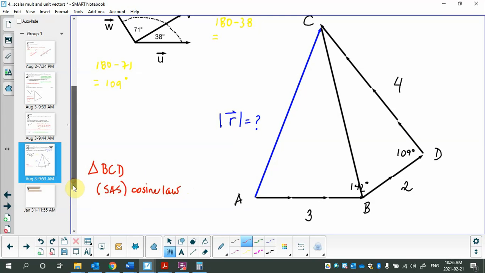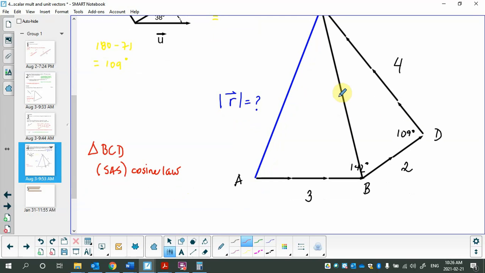So the cosine law lets you find this side right here, which I'm going to call d because it's across from big D. Unfortunately, it's got a double label. It's also A in this triangle, but I'm focused on this triangle right here.